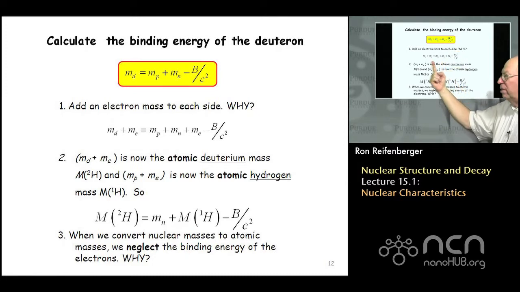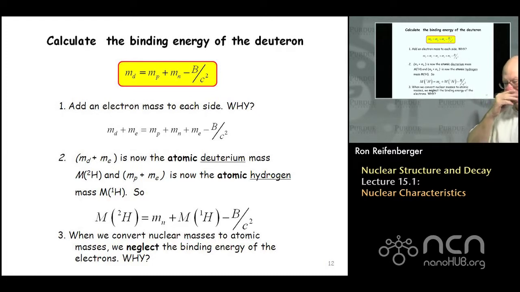It's conventional to add an electron to both sides of this equation. The reason you do that is because it's much easier to measure atomic masses than it is to measure nuclear masses. So by adding an electron to each side of this equation, you convert the deuteron nucleus to the deuterium atom, and you do the same thing on both sides of the equation to keep the masses balanced.